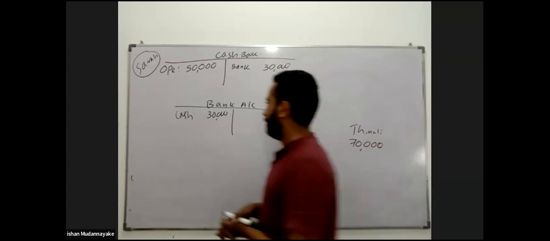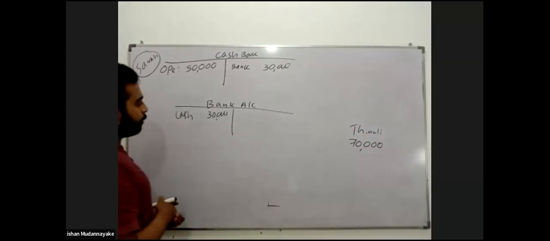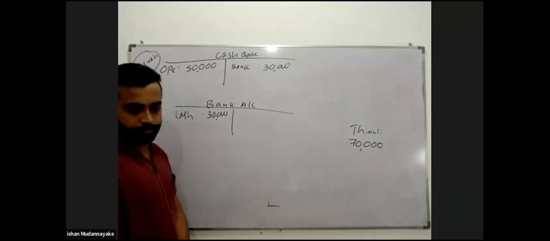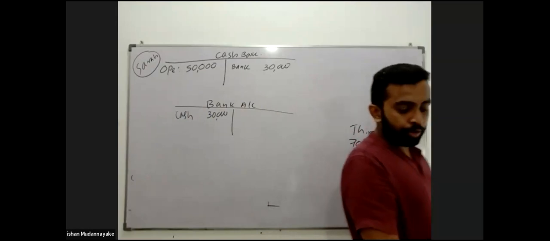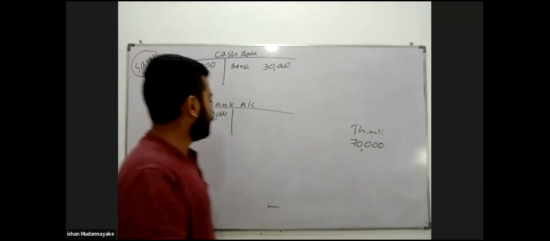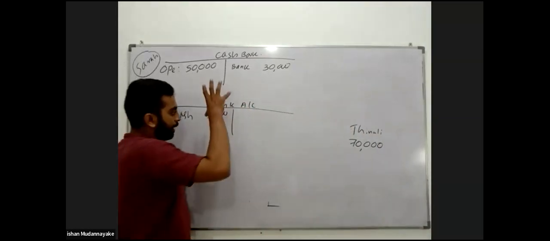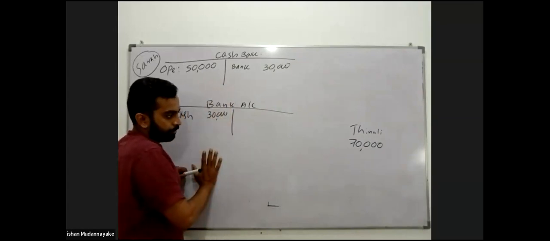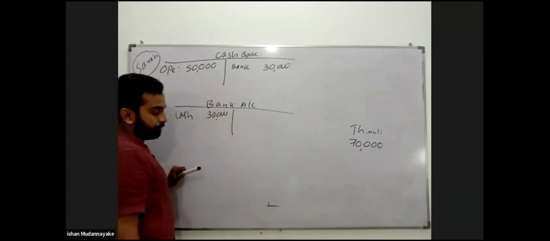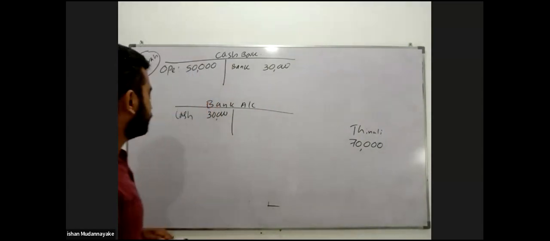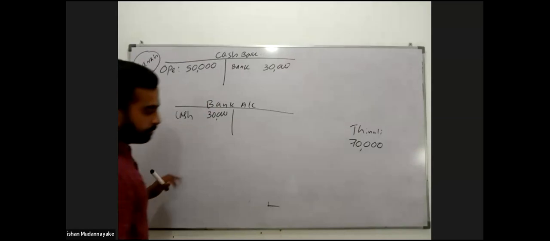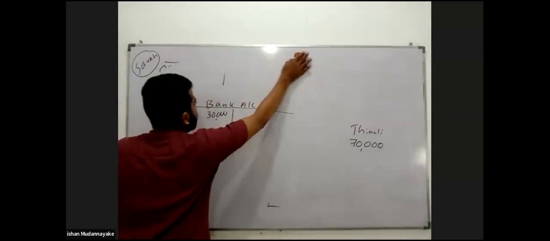But what balance is available in the bank account? Let's say the balance available in the bank is only 30,000, but Sarah needs to pay 70,000 to Thinuli. We will erase the cash book.